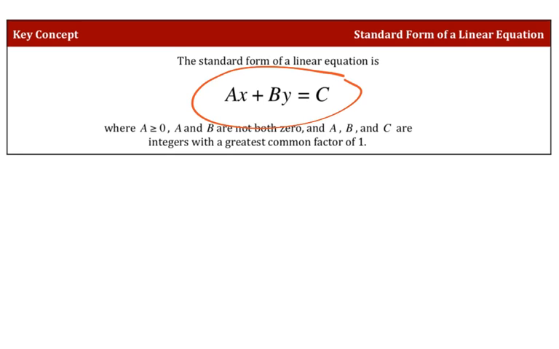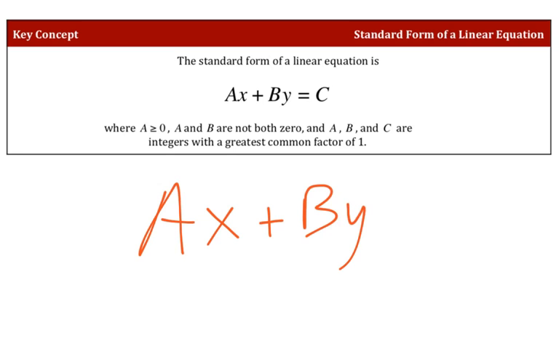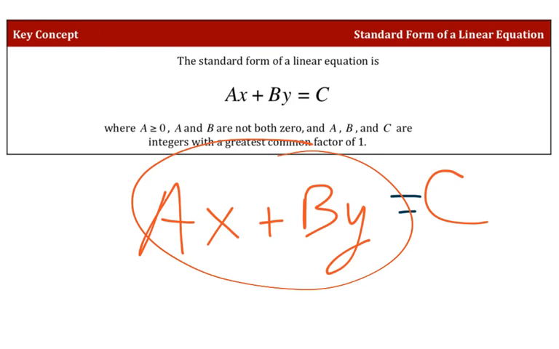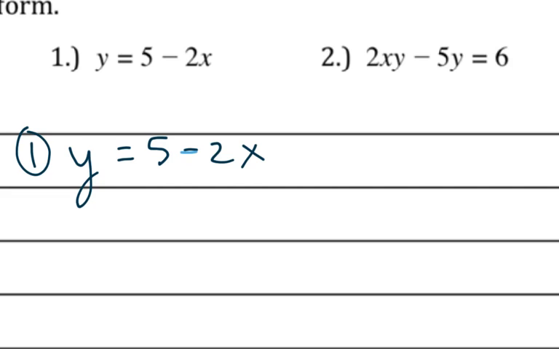And as we look at this, first of all, what's different from ax plus by equals c is that now the x and the y are both on one side of the equation. So that means that we need to get ax plus by. We need to get the x's and y's over to one side. Now, you can always try to avoid negatives.